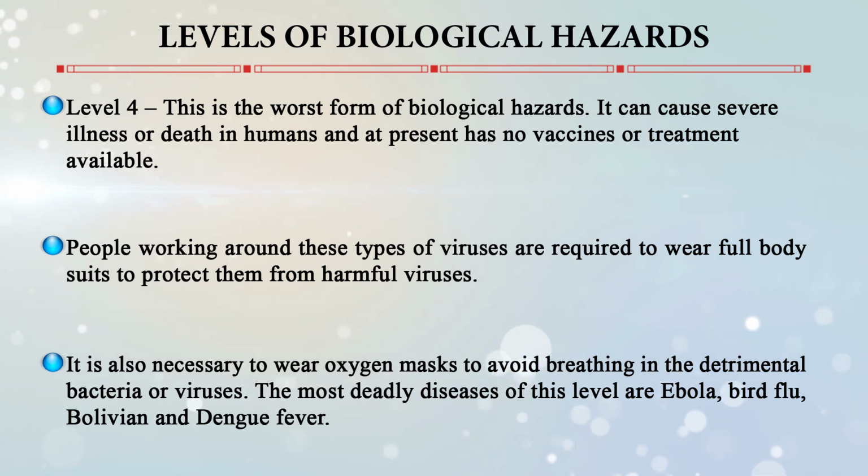For example, doctors, nurses and other health officials and healthcare workers work with such infectious bacteria and viruses, even in the laboratory and also in the field when they are treating infected people. The most deadly diseases of this level include Ebola, bird flu, Bolivian hemorrhagic fever and dengue fever. So these are the worst forms of the biological hazards.